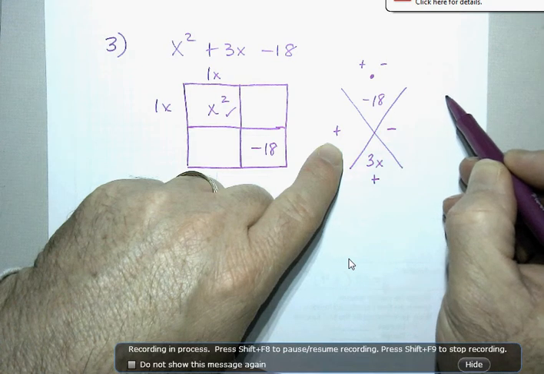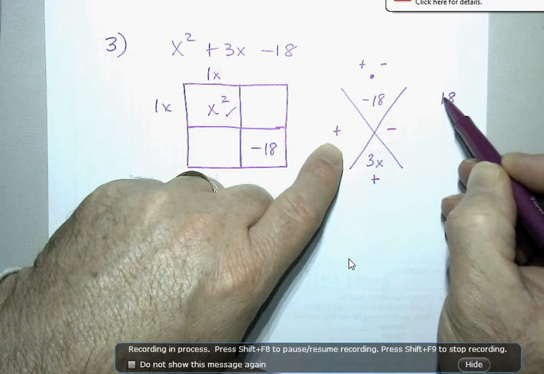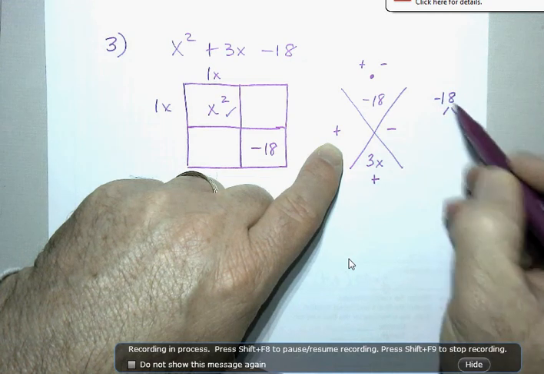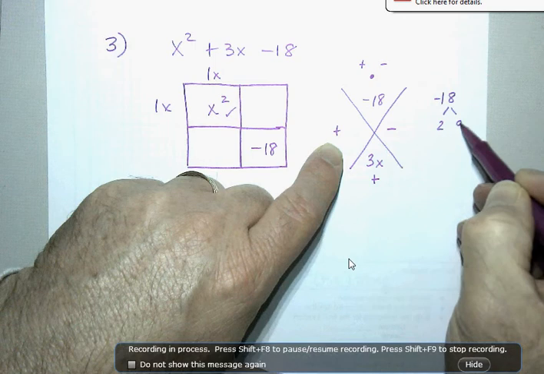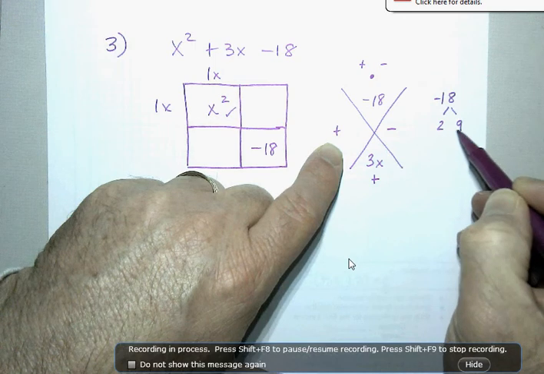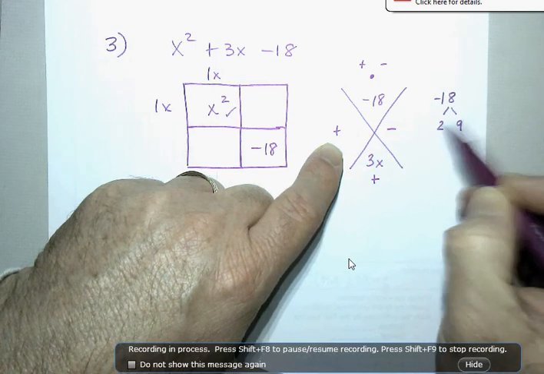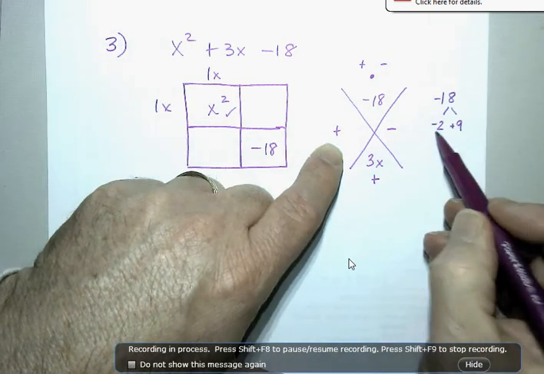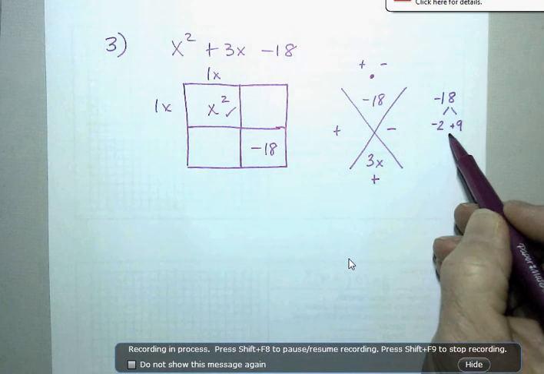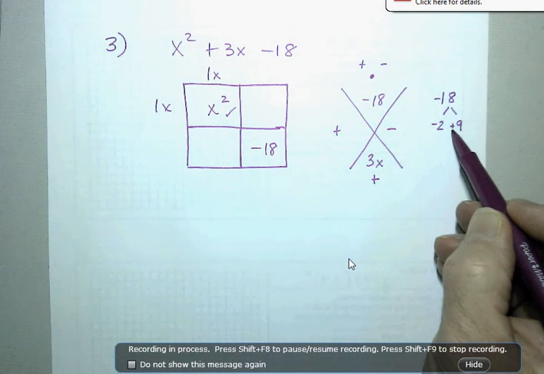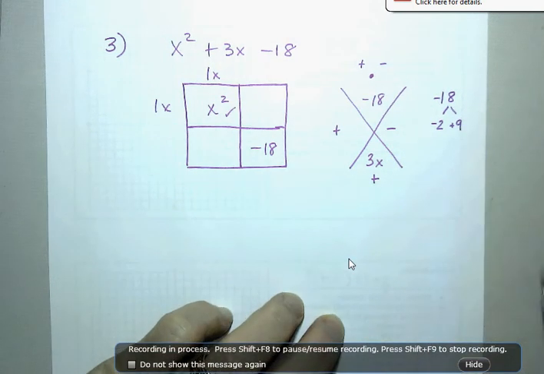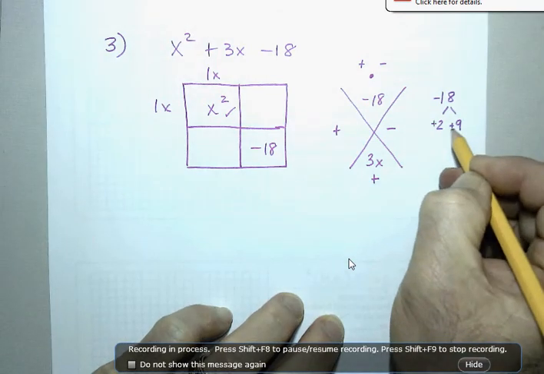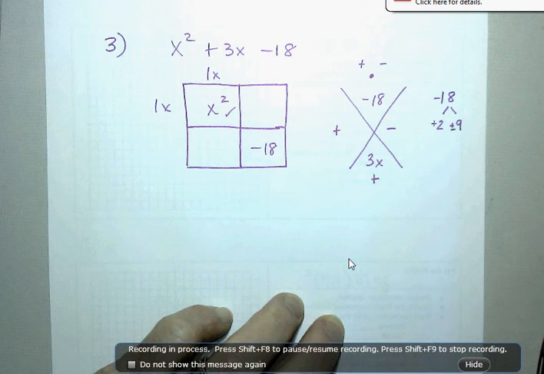So now when we think about the combinations, we're thinking about negative 18, one positive, one negative. So let's see, I know that 2 and 9, one of these would have to be positive and one would have to be negative. We can try it either way, but let's just say we do this. Well, that's going to make 7. And even if I turned it around, and made this positive 7 and this negative 9, that's just going to make negative 7.